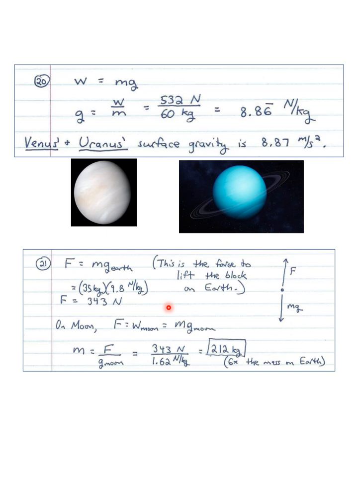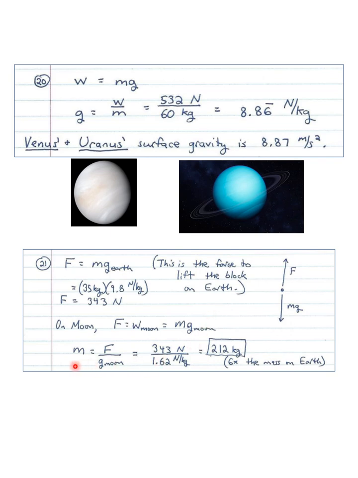Now on the moon, we have that same force. We're now making it equivalent to the weight of another block on the moon, and that equals the mass of the new object times g of the moon.